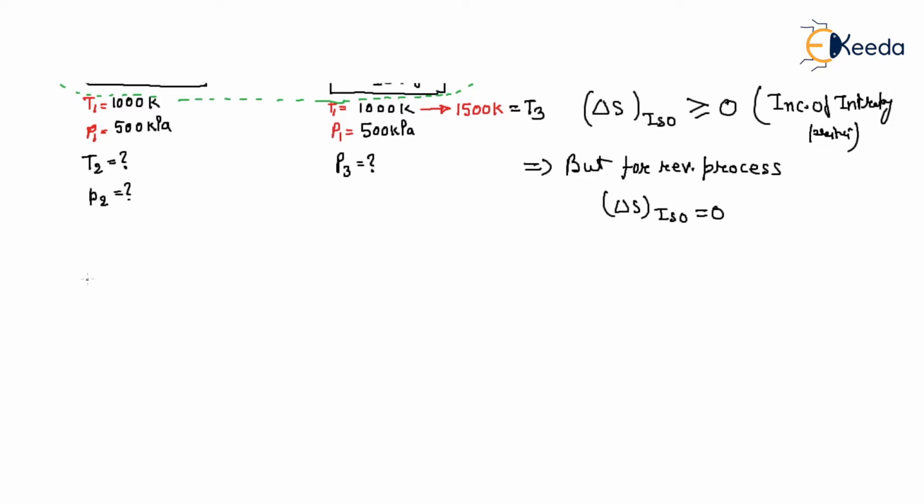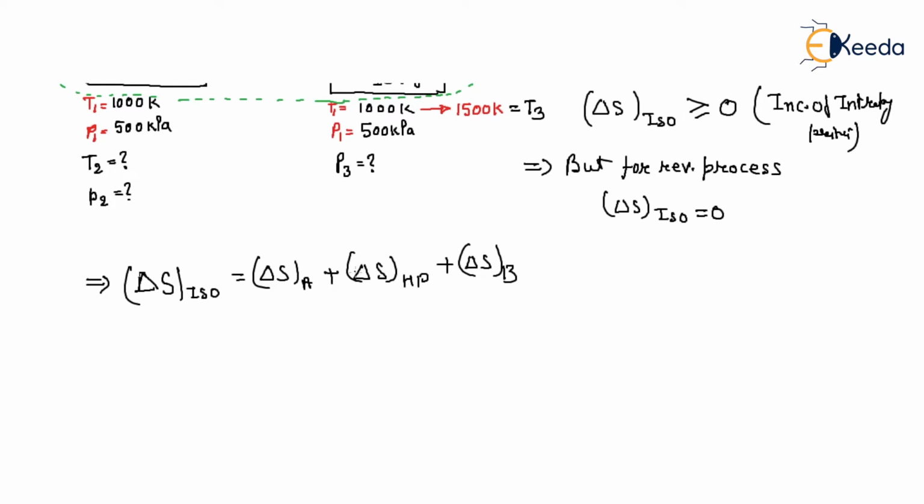So what is delta S iso? Delta S iso is equal to delta S of A plus delta S of the heat pump plus delta S of B. The delta S of the heat pump is 0, because it is a cyclic process.